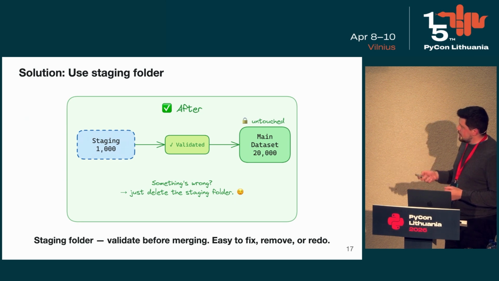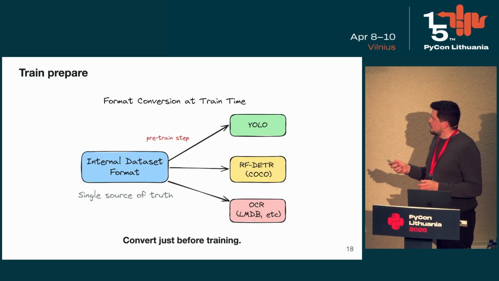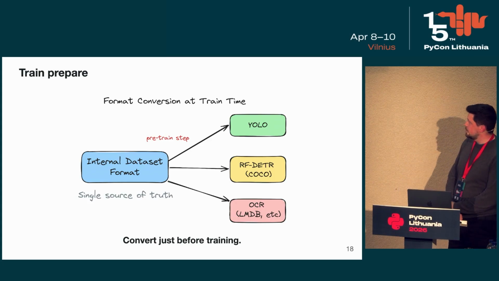So let's say we create a staging folder. Now an obvious step, which is train prepare. It can be useful whatever dataset you use. We use an internal dataset format, but you can use something like Roboflow or COCO, and it can still be good because, for example, you might want to split the dataset into multiple folders.